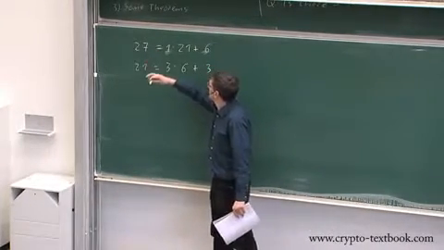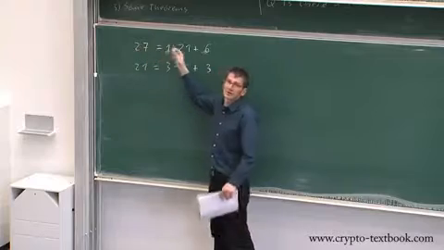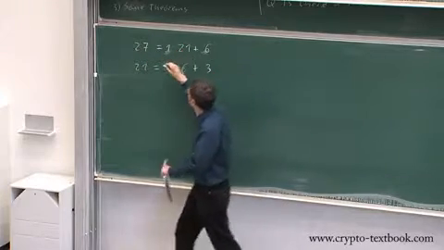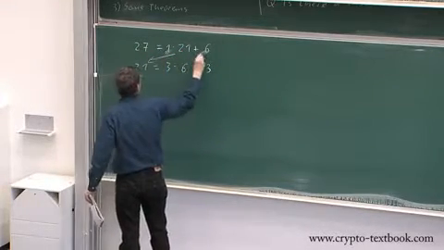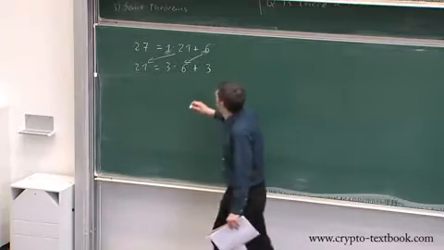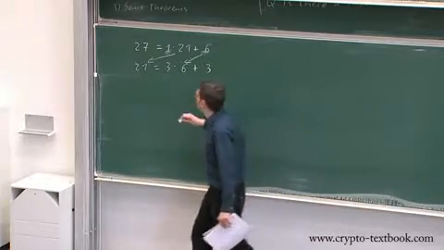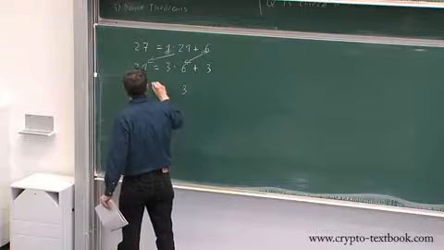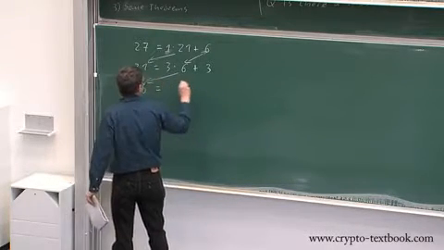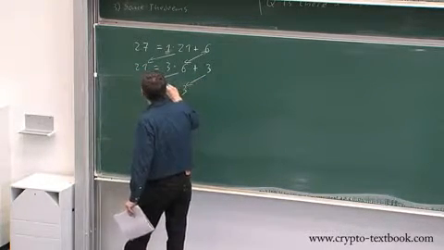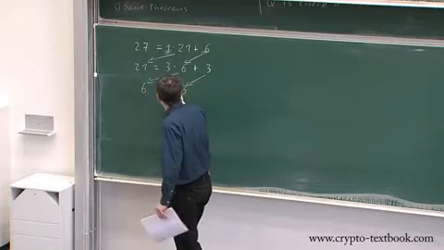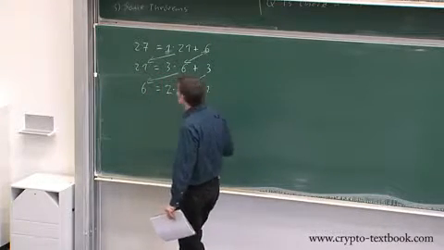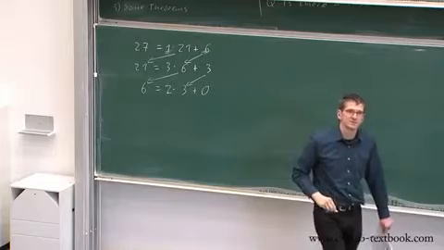Originally we dealt with 27, 21, then we shifted them over. And now we're dealing with 6 and 3. You get a quotient, a multiple here of 2, and the remainder of 0, okay?